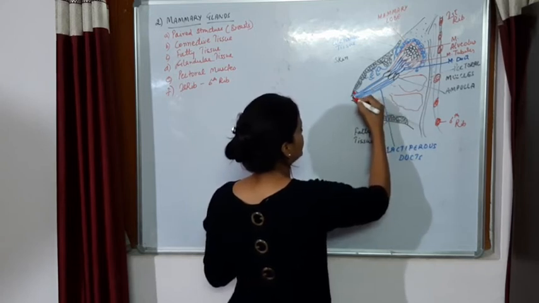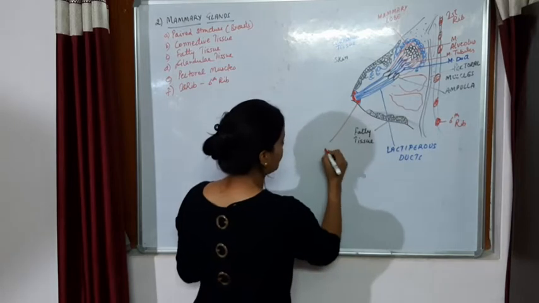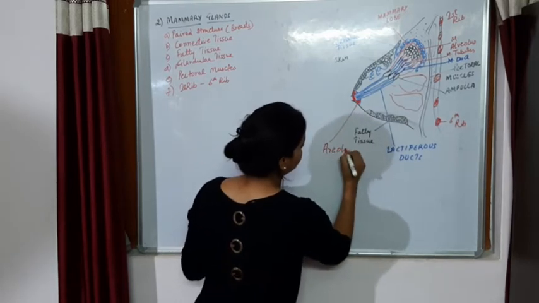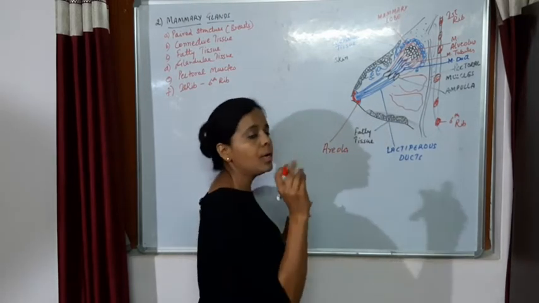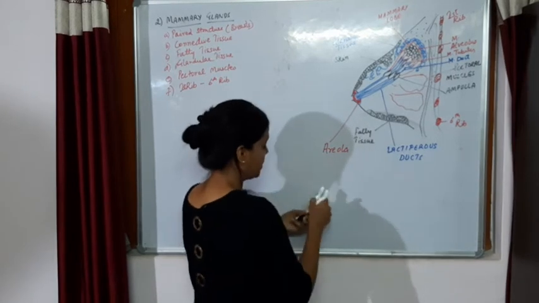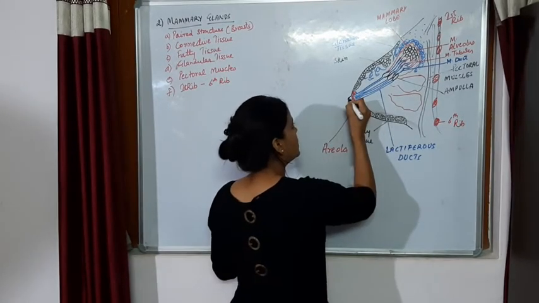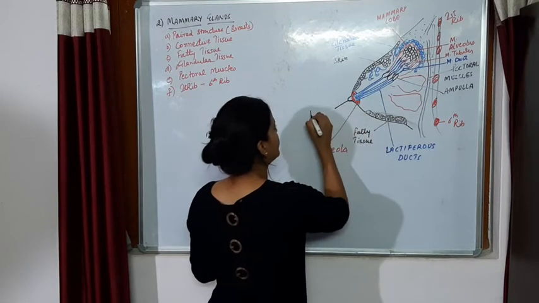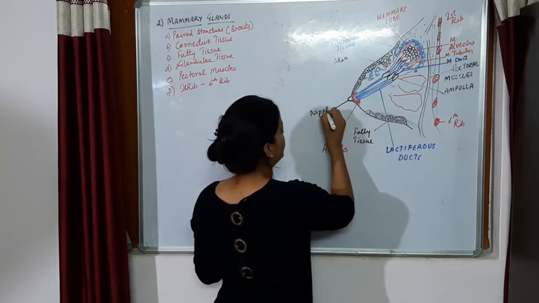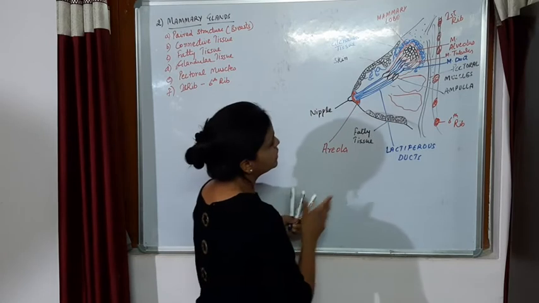right? This portion is called the areola, deep pink or brown in color. And the erected portion is called the nipple, right? So the milk is produced.